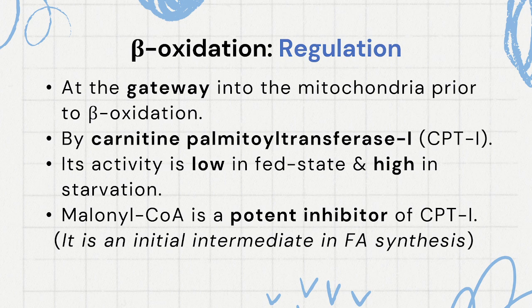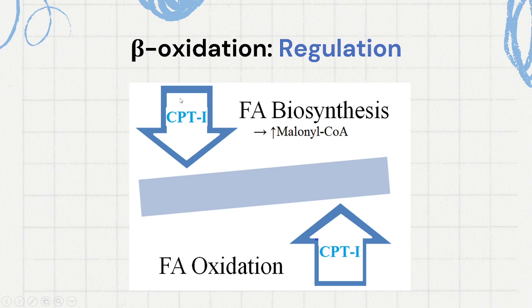Malonyl-CoA is a potent inhibitor of carnitine palmitoyl transferase 1. And as you remember, malonyl-CoA is an initial intermediate in fatty acid synthesis. So there is a sort of reciprocal control here of fatty acid biosynthesis, in which malonyl-CoA is an initial intermediate.